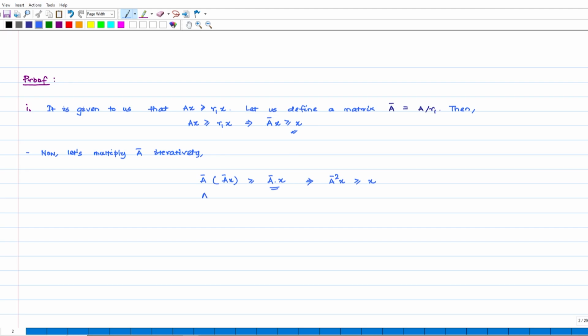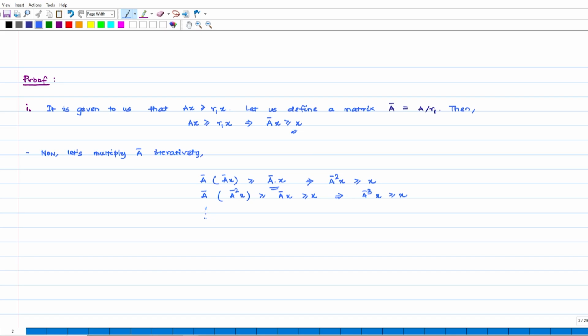In a similar manner, let us multiply A bar one more time. It gives us A bar cubed times x is greater than or equal to x again.